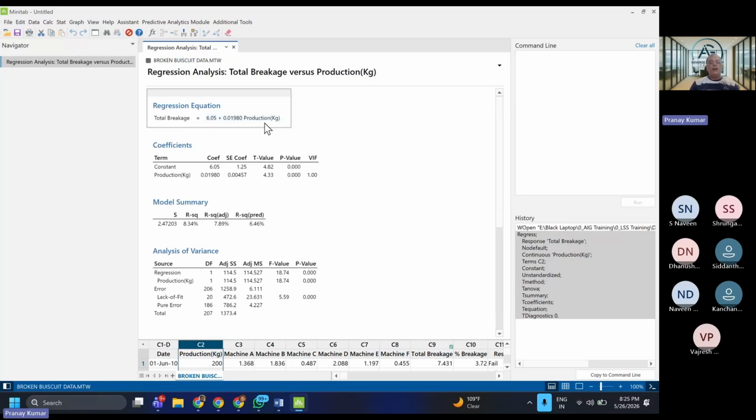If the P value and R square were high enough, I would be able to use this mathematics to conclude. If I give you a production target of 1,000, I would know how much breakage I will get. Or if I want to have a defined breakage, that I don't want to break more than 10 kilograms today, it will help me decide how much production I should do. Correct?